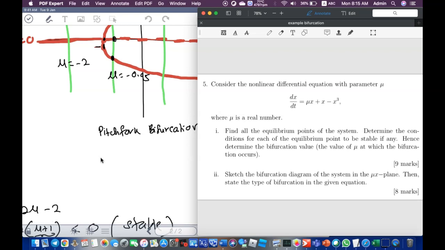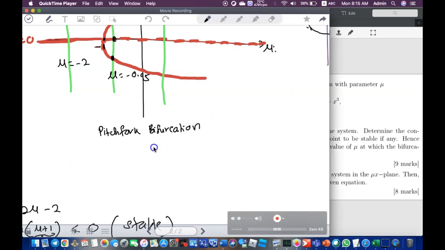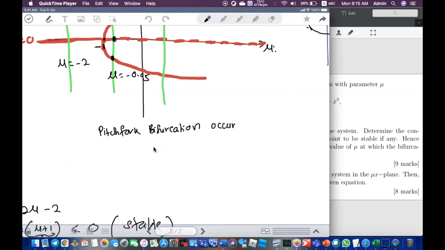Okay. So the pitchfork bifurcation, maybe if you want to explain, pitchfork bifurcation occurs at mu is minus 1 and x equal to 0. That is bifurcation value. So why that is the bifurcation value?